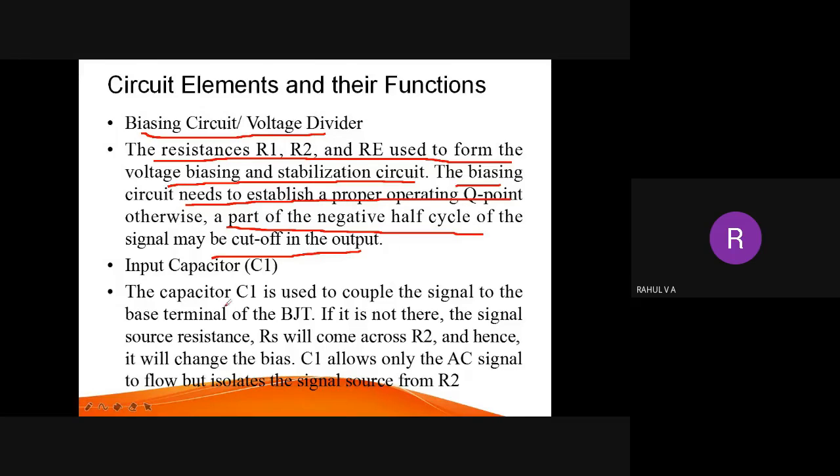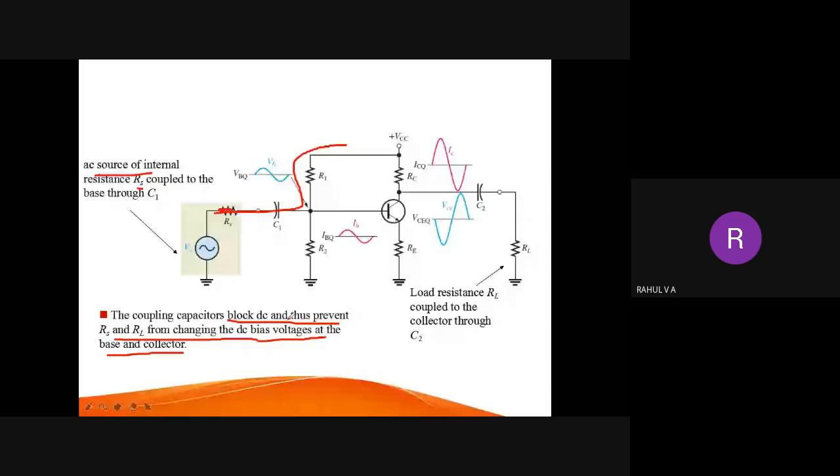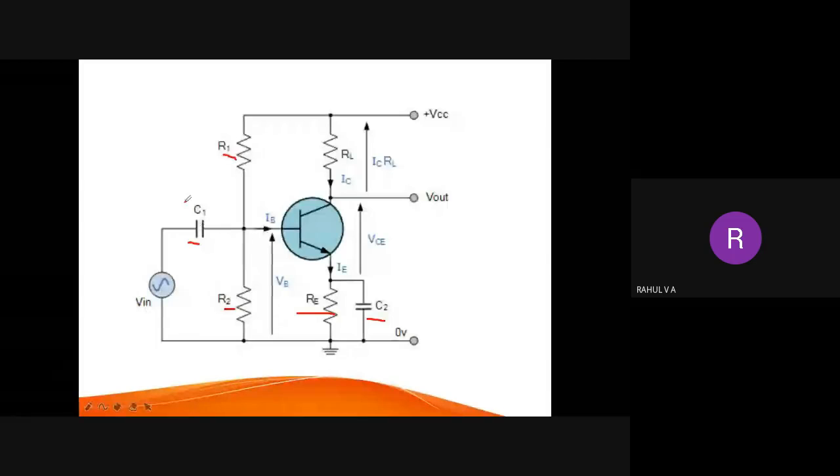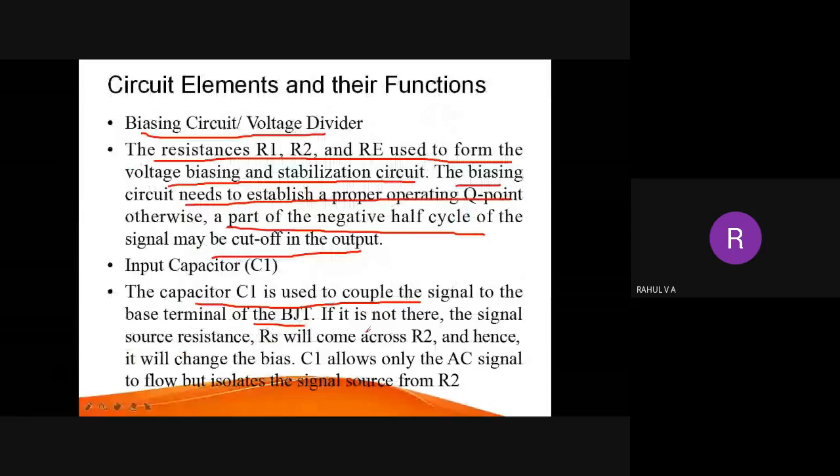Okay, and the input capacitor C1. The capacitor C1 is used to couple the signal to the base terminal of the BJT. The coupling capacitor C1 is used to connect the signal to the base terminal of the transistor. So this is C1. If it is not there, the signal source resistor will come across R2 and hence it will change the bias.